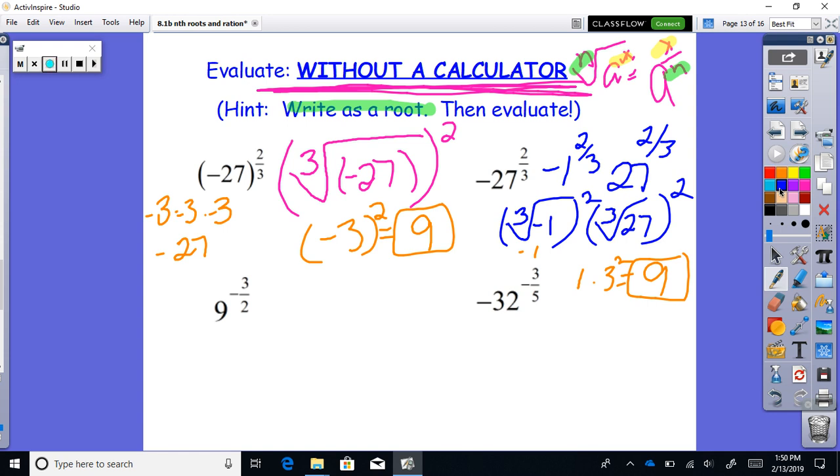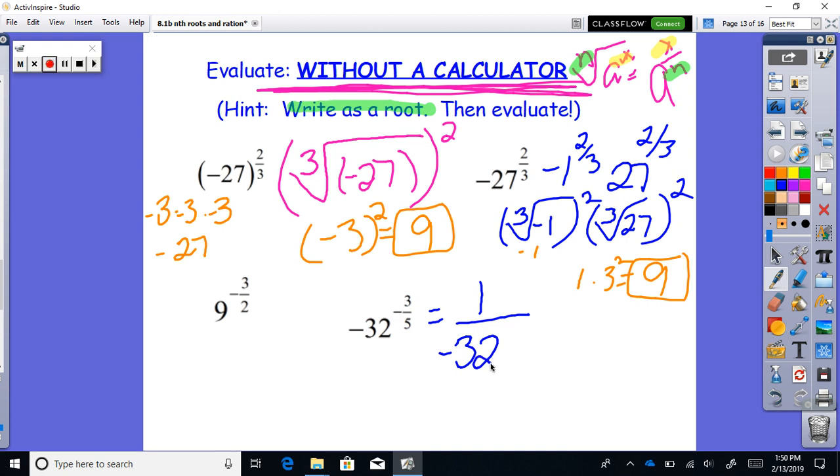Remember our negative exponent rule. I'm going to just do the second one here for time's sake. This video is getting a little long. Negative 32 raised to the negative 3/5 power. So remember our negative exponent rule. You have to take the reciprocal. Now you only make the exponent positive when you take the reciprocal, so you don't change the fact that it's negative 32.